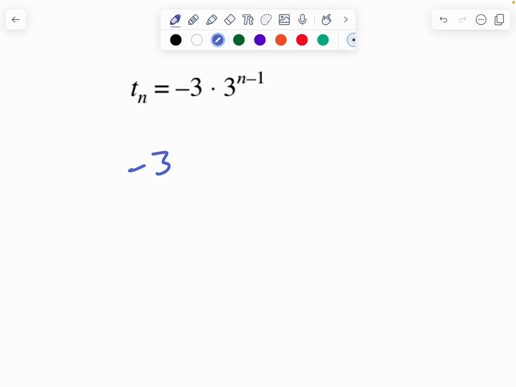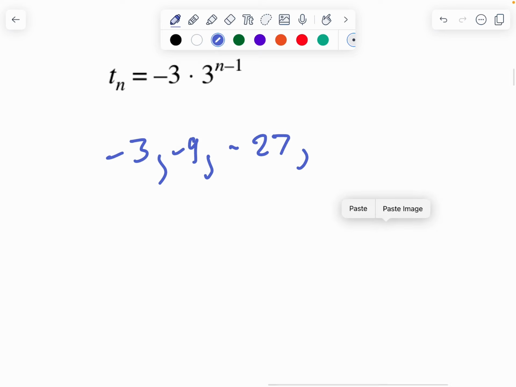So our first term is -3. Plug in a 2. 2 minus 1 is 1. 3 to the first power is 3. Times -3 is -9. And it's just multiplying by -3 each time.